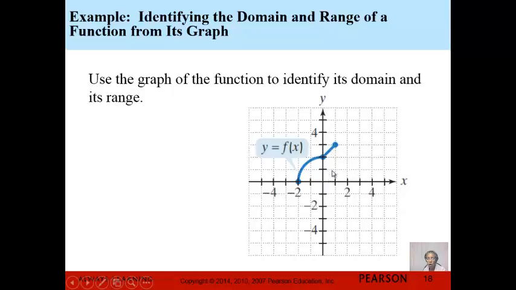And these are all points in the function's domain. x equal to 1 is the largest value in the domain. So the domain is the set of all x such that x is between -2 and 1, including -2 and 1.